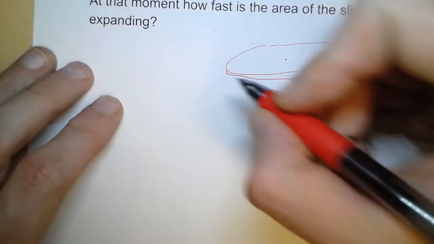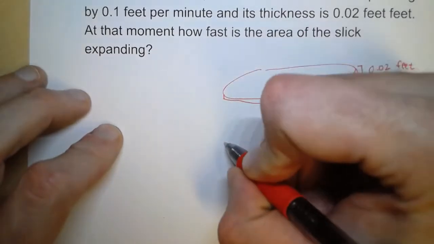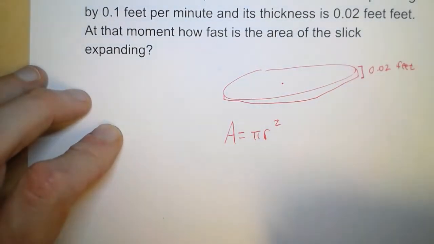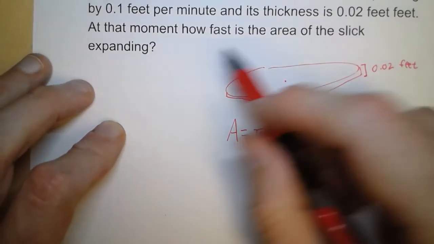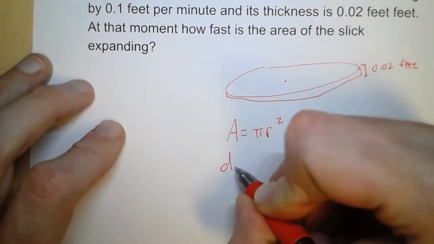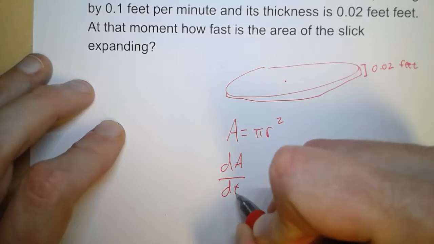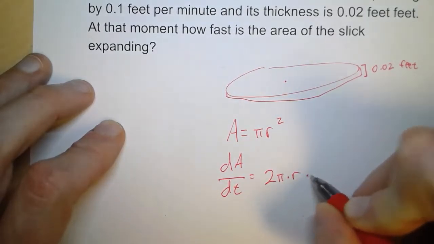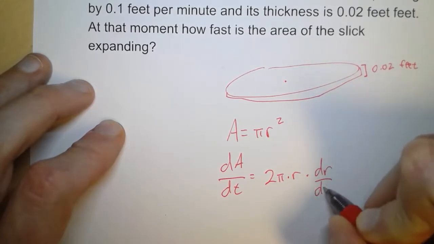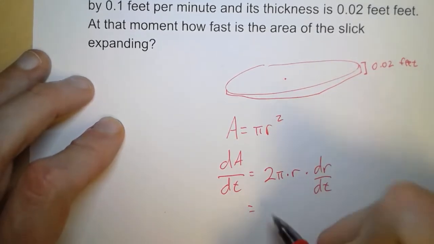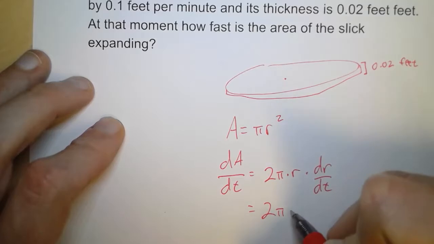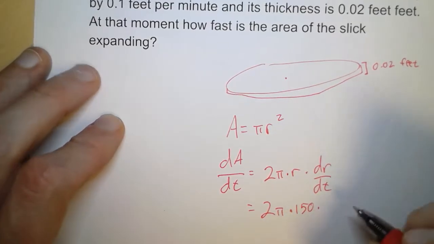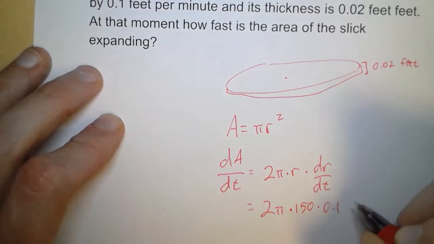And so this takes us back to area equals pi r squared. Since we want the change in area, we take dA/dt equals 2 pi times r times dr/dt. In this case, r is going to have a value of 150 feet, and dr/dt is 0.1 feet per minute.